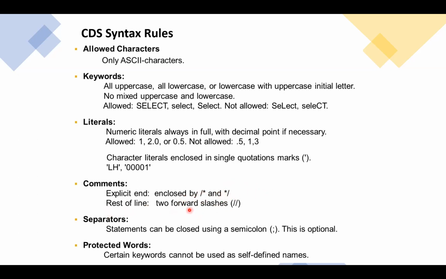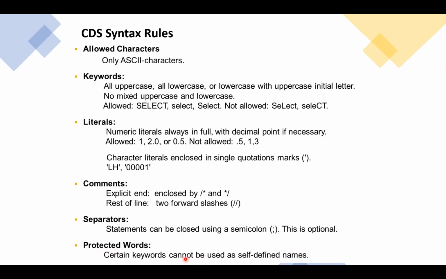But if we want to comment individual lines, then two forward slashes. The separator is going to be a semicolon. If you want to separate two things, we will use this in AMDPs, which are referred to as table functions. Even in metadata extensions, we will use the semicolon as a separator.